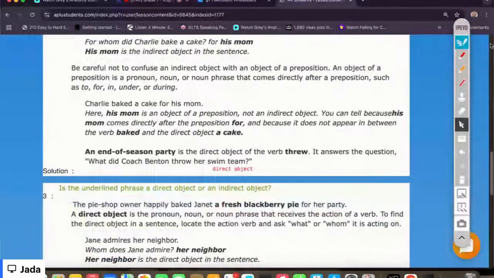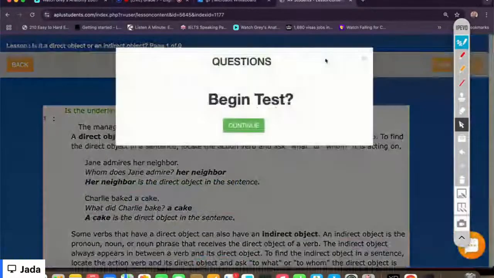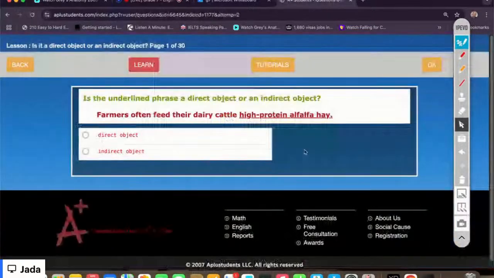So let's move on to the test. You can share your answers with me if you know it. Farmers often feed their dairy cattle high protein alfalfa hay.